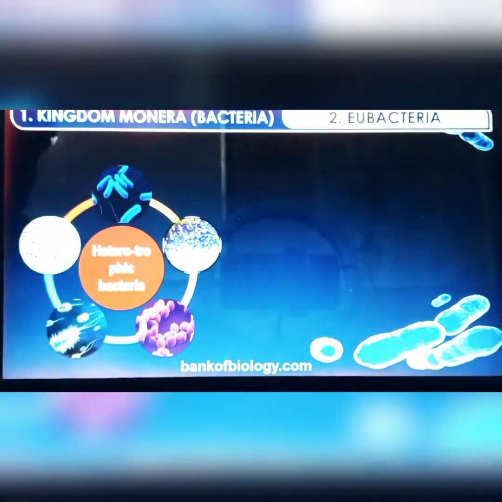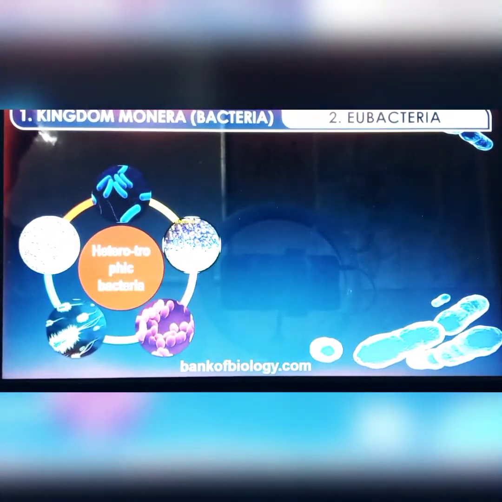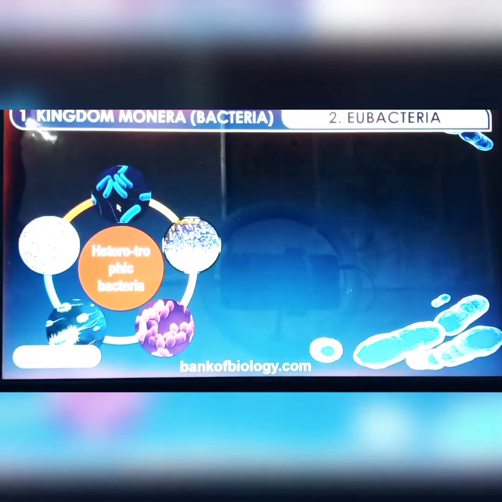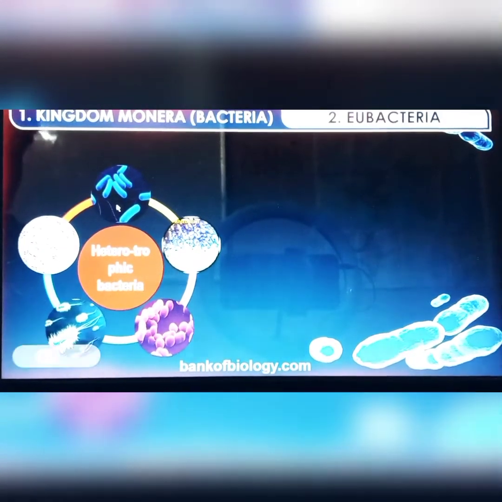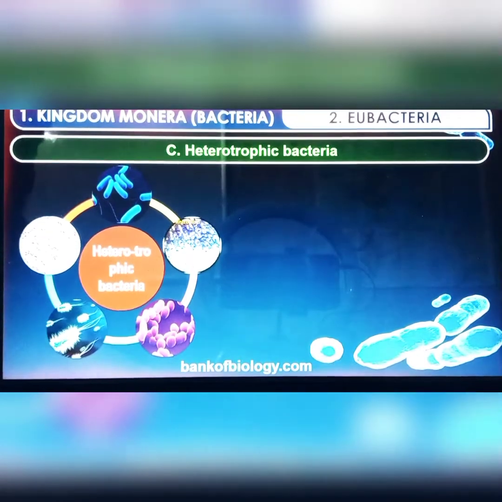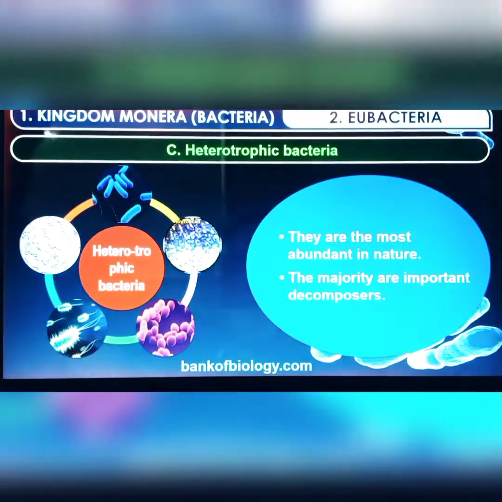Okay, so these are the heterotrophic bacteria. It means this kind of bacteria cannot synthesize their food within their body. They acquire nutrients from the outer environment, from the host. So they have to be parasitic, saprophytic, or in a symbiotic association.